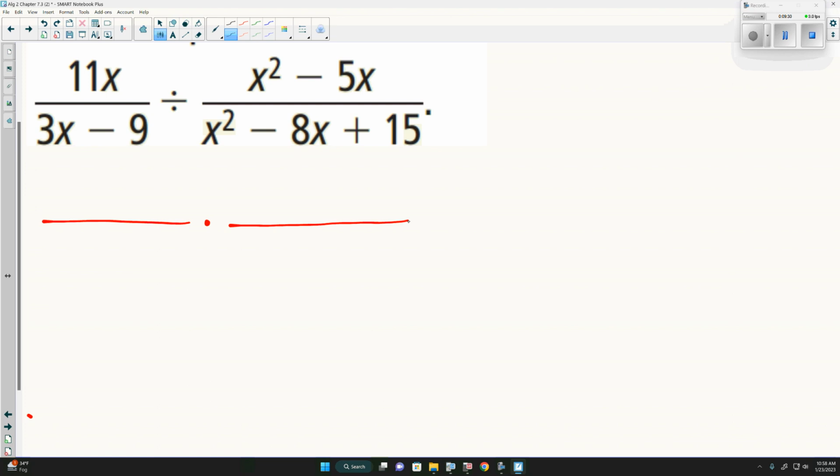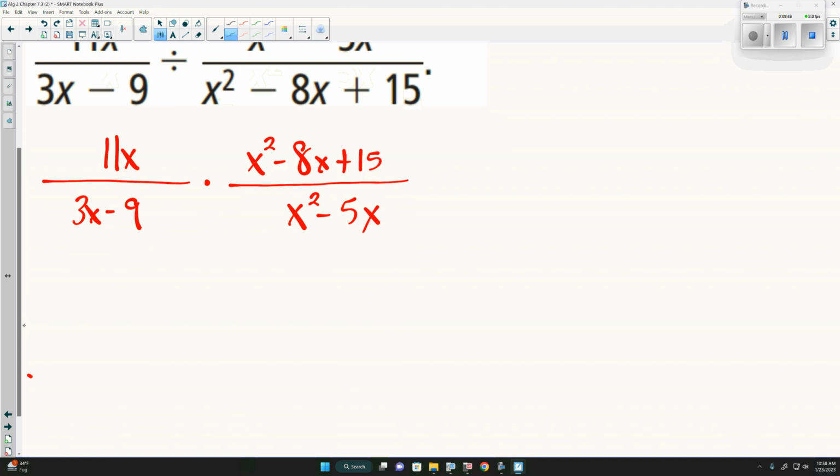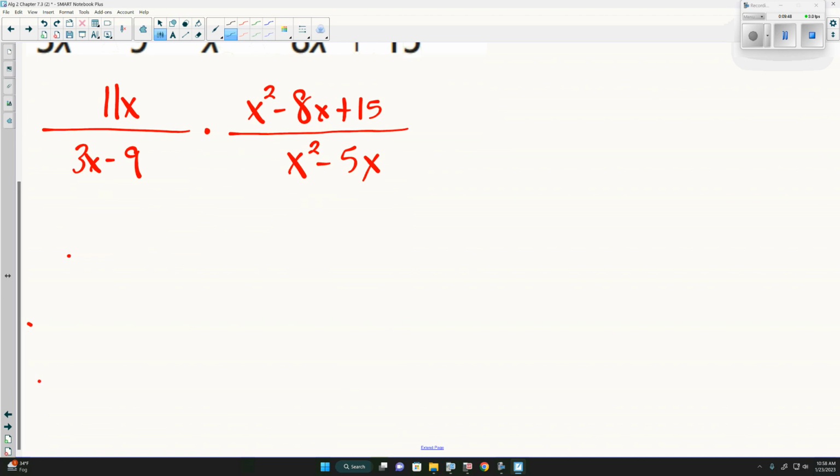The first thing we can do is change it from division to multiplication and flip the second. So the first step with dividing rational expressions is to change it from division to multiplication and flip the second.